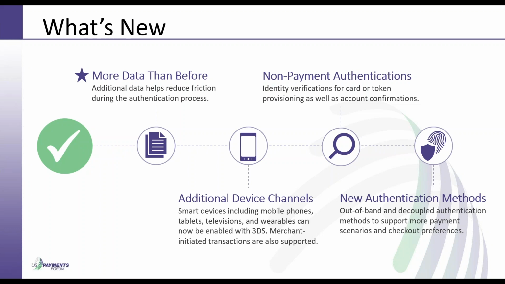So device information, merchant data, consumer data, they're all examples that can be provided when the authentication process is initiated. This allows for better, more accurate decisions to be made by issuers, often without the need to interact with the cardholder. And this is key. So when cardholder interaction isn't required, the merchant's checkout experience is preserved while taking advantage of the extra layer of security that EMV 3DS provides.